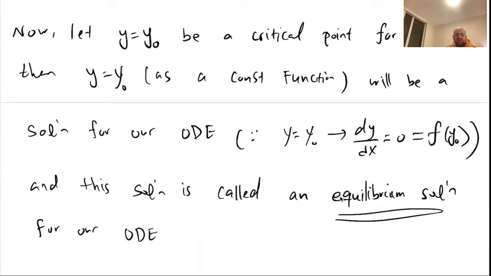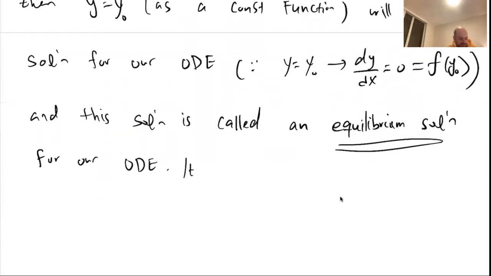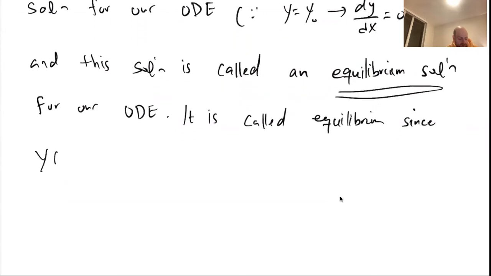Why is it called an equilibrium solution? Because as t goes to infinity, y remains the same. The value of y does not change. You can also say it is called equilibrium since y of x equals y0 for every x.